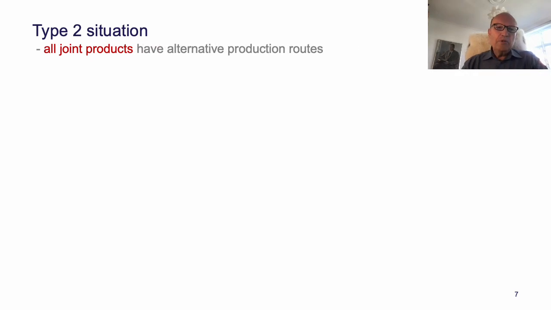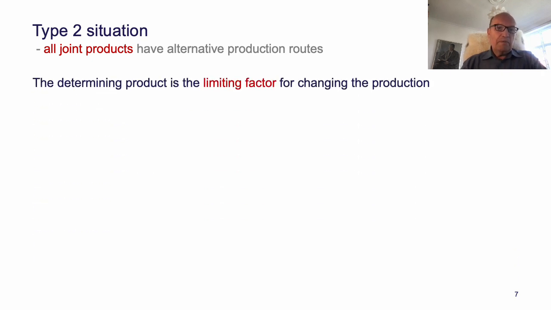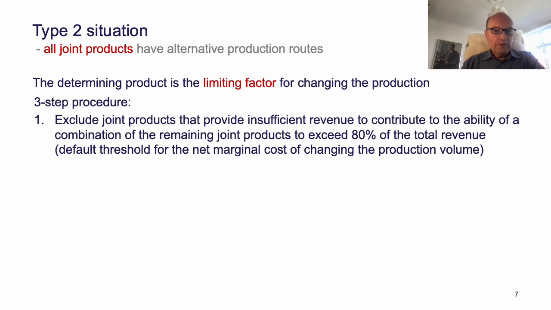Now, the type 2 situation, where all joint products have alternative production routes. The key to solve this problem is that the determining product is always the limiting factor for changing the production. And to identify that limiting factor, we apply a 3-step procedure.